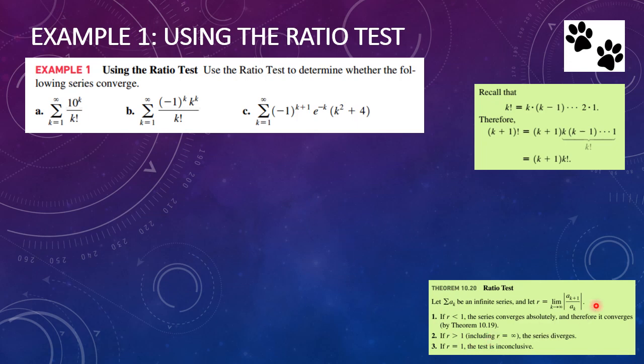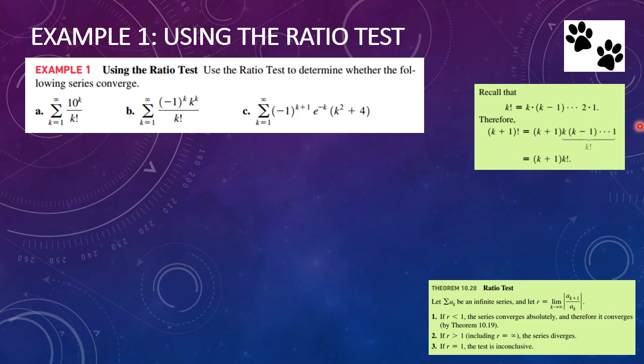Now I put the ratio test down here so we have that handy in green. And just to remember about factorials, k factorial equals k times k minus 1 factorial. So if this was 10 factorial, this would be 10 times 9 times 8, so it's 10 times 9 factorial. And by that same idea, k plus 1 factorial equals k plus 1 times k factorial.